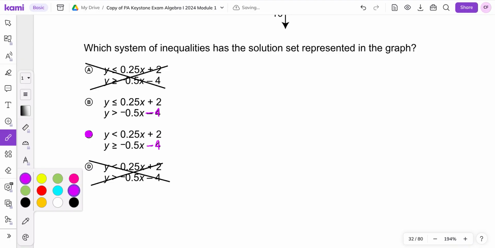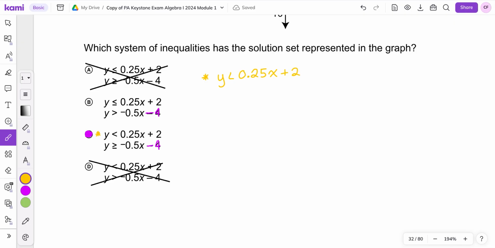But to properly graph these, what we would want to do is first take the first line here. The y is less than 0.25x plus 2.